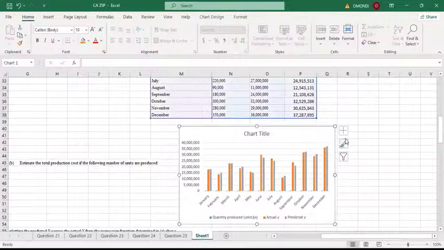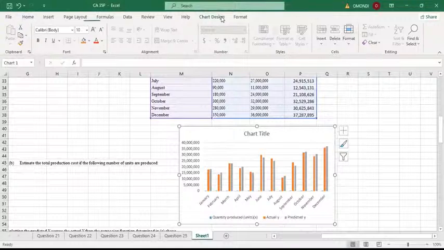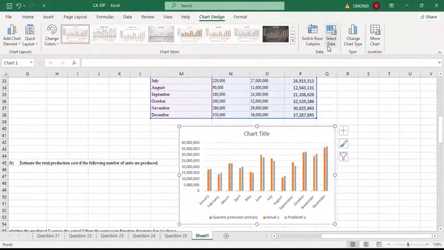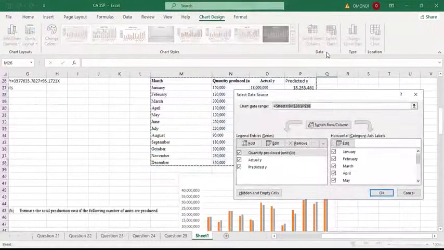So I just come to this part here, select data. Under select data, I want to delete quantities produced. So I remove it.